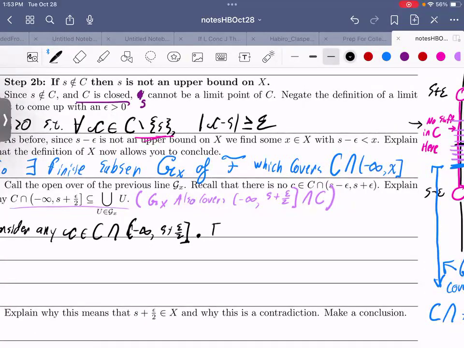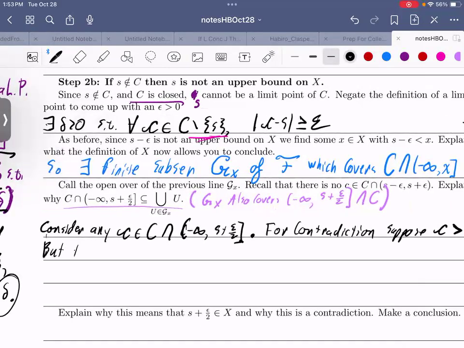So let's see. How about this? For contradiction, suppose C is bigger than little x.